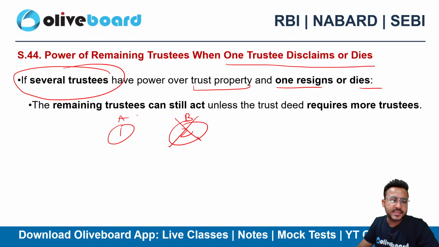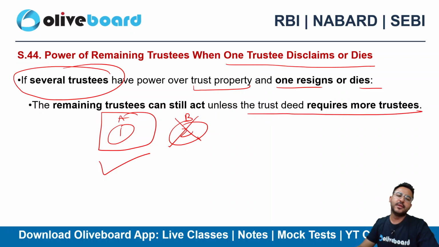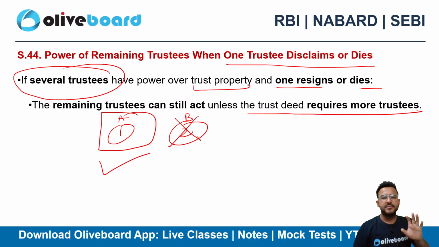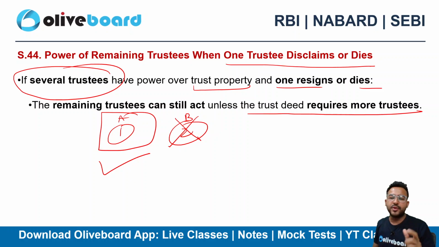The remaining trustee can still act unless the trust deed requires more trustees. If the trust deed is silent, then Mr. A is good to go ahead and take it forward. But if the trust deed explicitly states that you need to appoint more trustees, we need to have at least 2 trustees, then in that case Mr. A needs to appoint another trustee. The beneficiaries need to appoint another trustee for that.